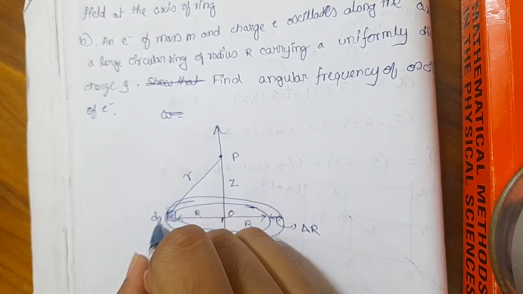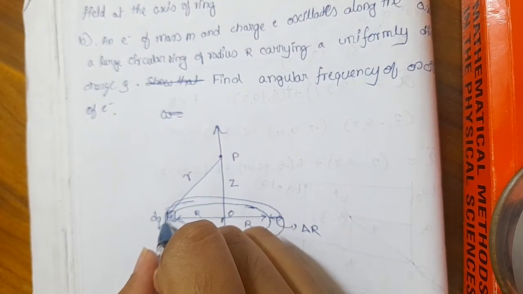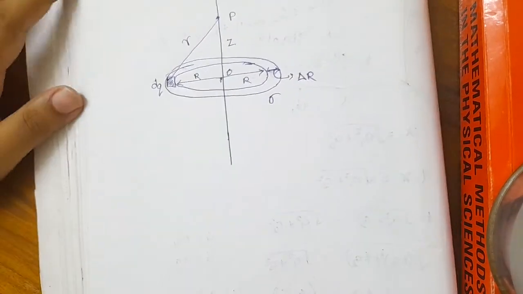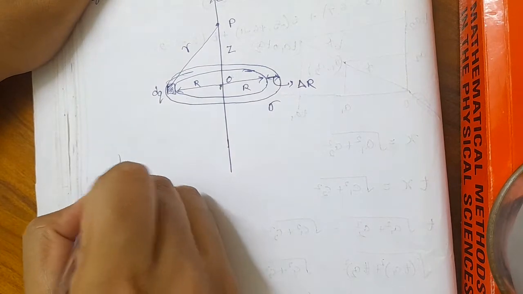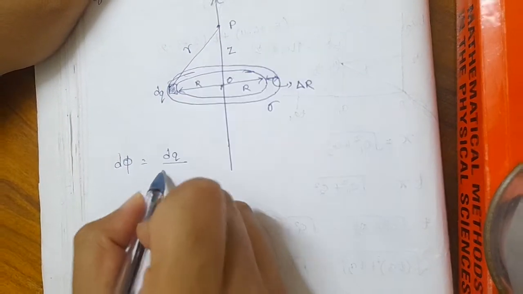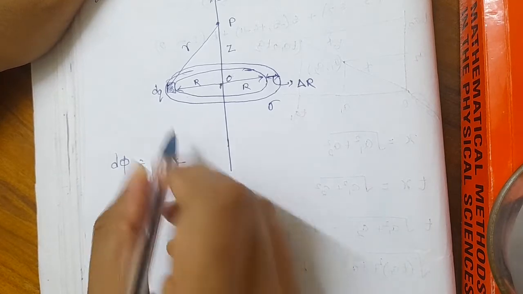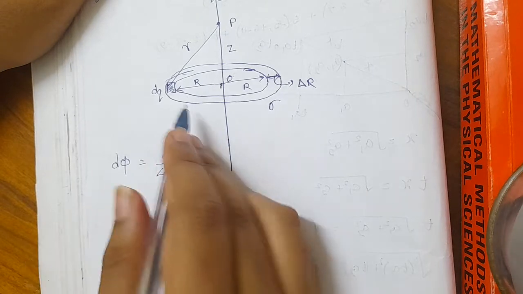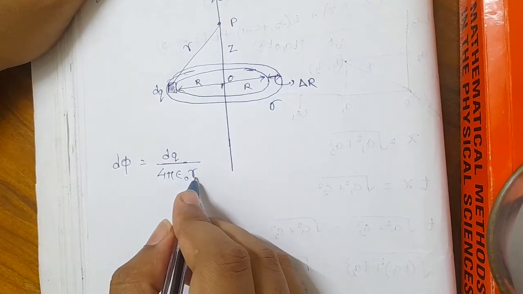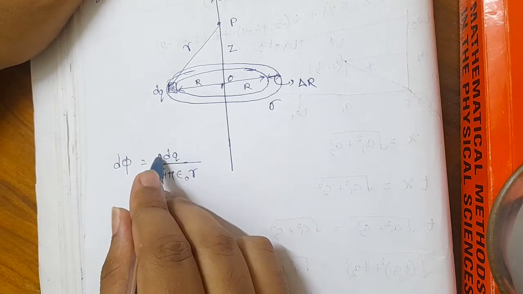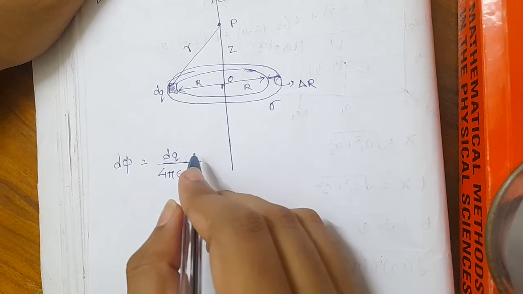So the potential due to this elementary charge dq at the point P will be d phi equals to dq by 4 pi epsilon naught r. Now integrating over the whole ring, you will see that this r is constant, so it will come out of the integration. The only thing that will be integrated is dq, which equals the total charge of the ring.